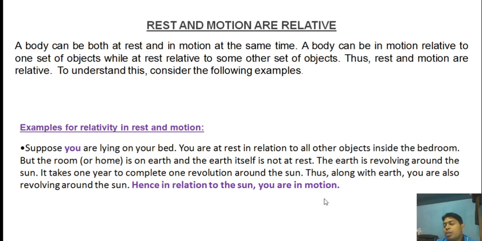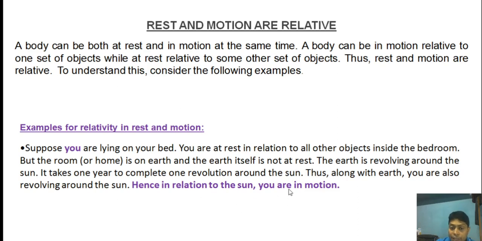That means simultaneously you are in both rest and motion. If I compare it with the bedroom, you are at rest.